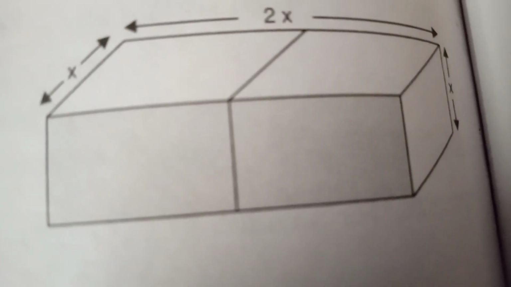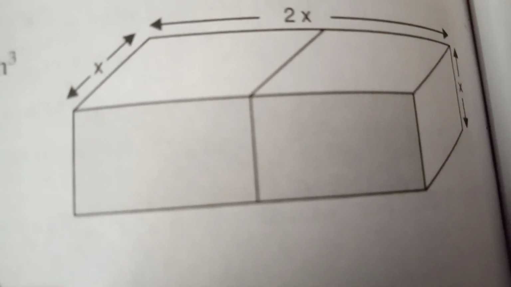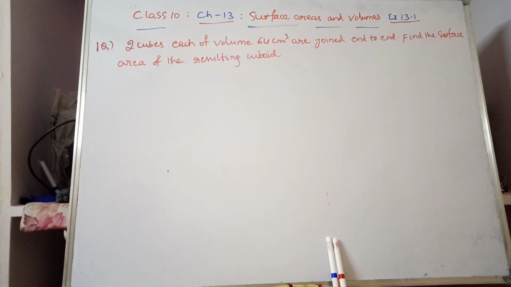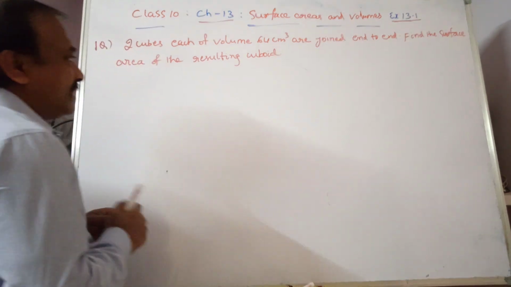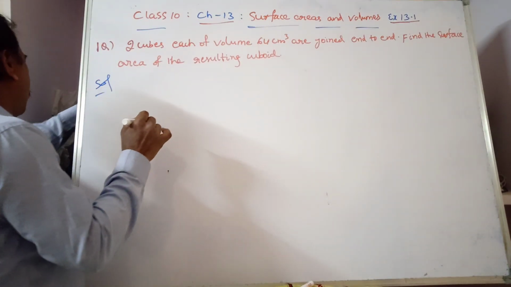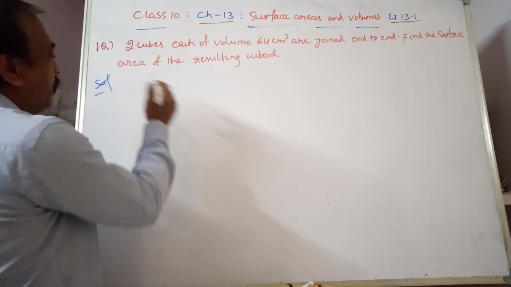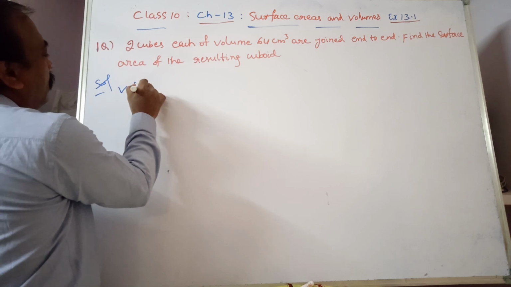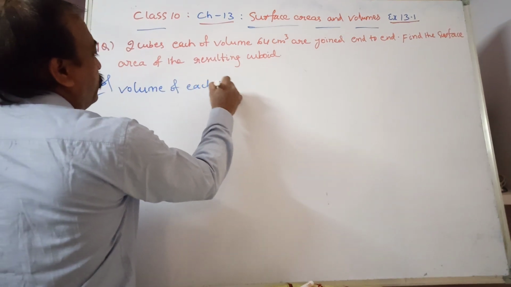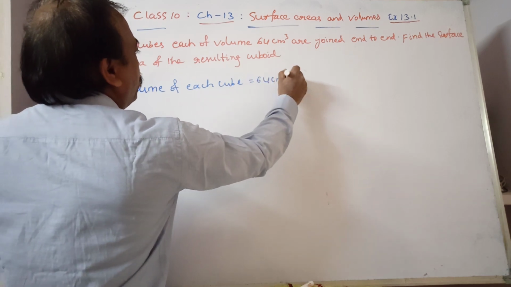The volume of each cube is given as 64 centimeter cube.